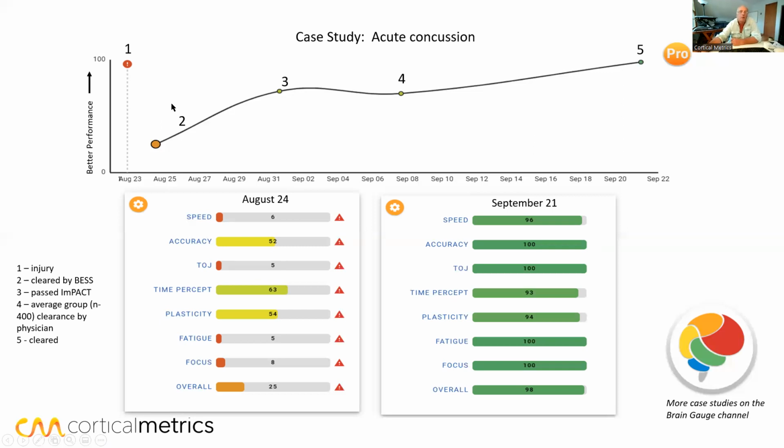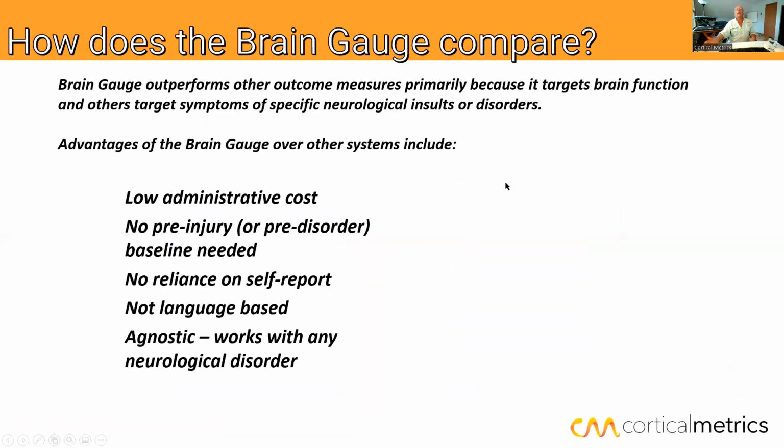On average, between days 2 and 3 post-concussion, we see a 15% improvement over how they were pre-injury. So the balance testing has been kind of a joke, but if you want to talk about it, talk to your congressman and say, quit putting millions of dollars in research funding into the same people that keep doing the same thing over and over. But that's just me. So anyway, how does the brain gauge compare?